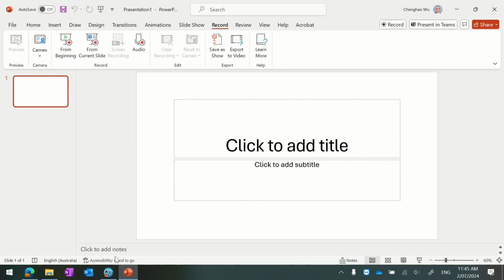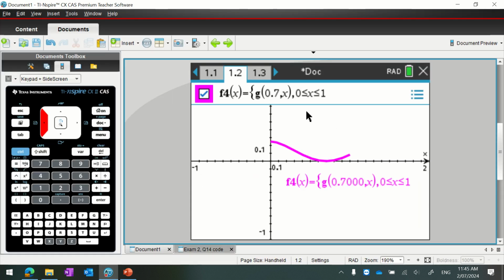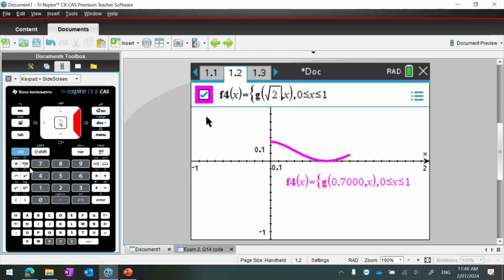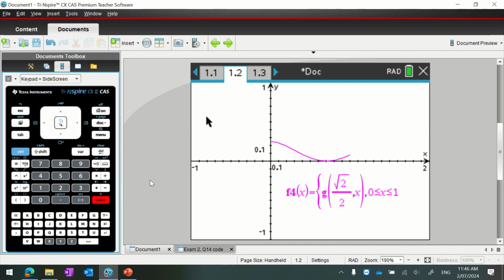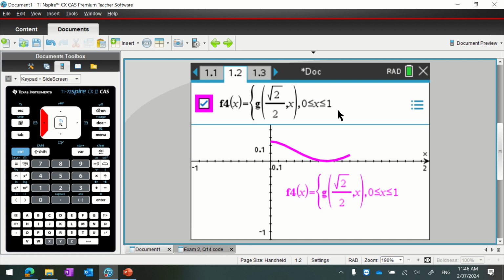So let's actually do that. If I do this exactly, root 2 on 2, the local maximum is coming up here, which makes G0 the absolute maximum.